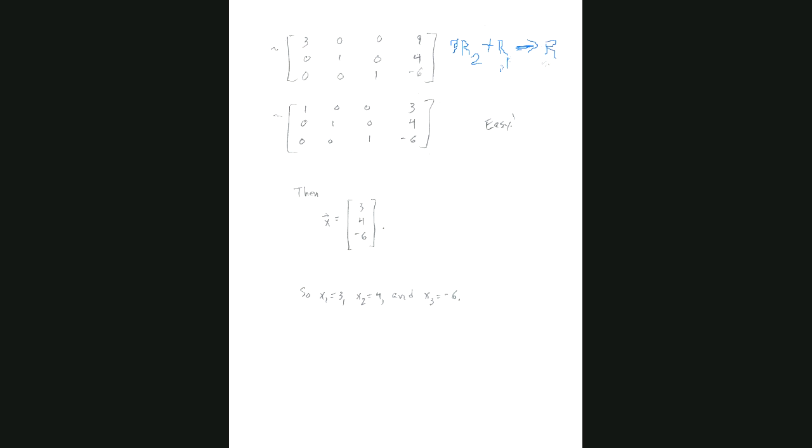And then the last step, I take 1/3 times row 1, and that is going to be my row 1. Easy. So now you have your solution for x.